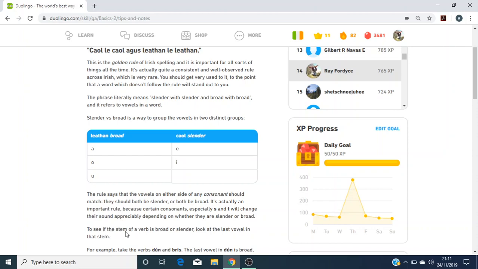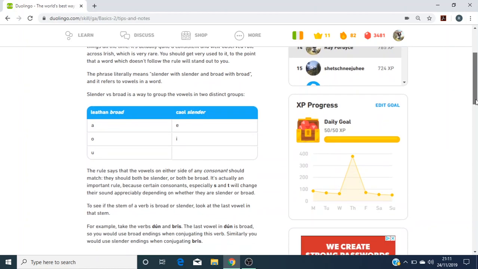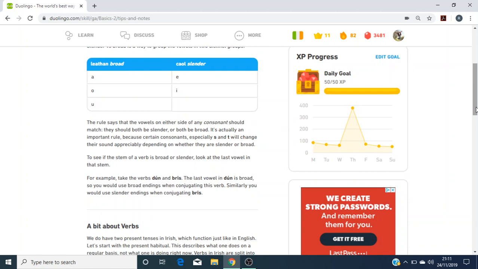To see if the stem of a verb is broad or slender, look at the last vowel in that stem. Okay, this is complicated. For examples, take the verbs dún and bris. The last vowel in dún is broad, so you would use broad endings when conjugating this verb. Similarly, you would use slender endings when conjugating bris.